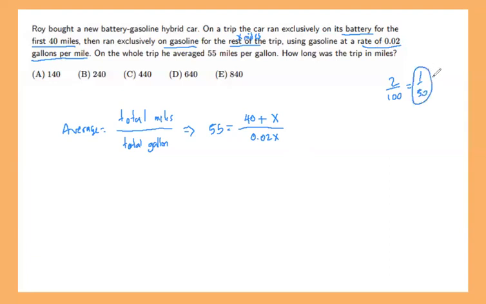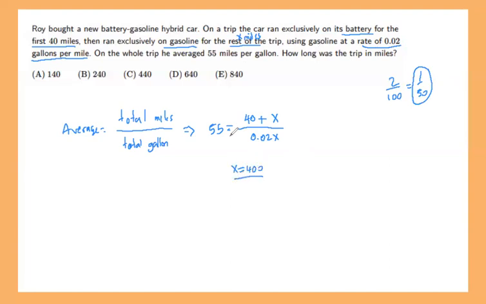The meaning of this is you use 1 gallon of gas for 50 miles, which is really nice. Anyway, if you solve this equation, you can just cross multiply and find X. That will be 400.